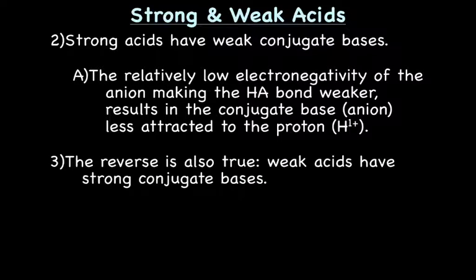So the reverse is also true. Weak acids have strong conjugate bases. So going back to the strong acid, because the anion so readily releases its H, once the anion is by itself on the product side, it's not overly attracted to that H. For weak acids, it's the other way around.